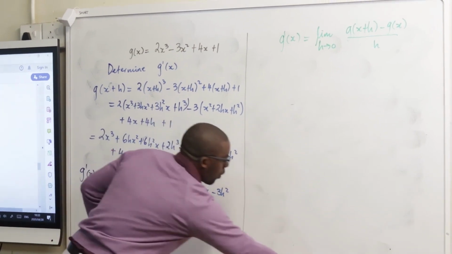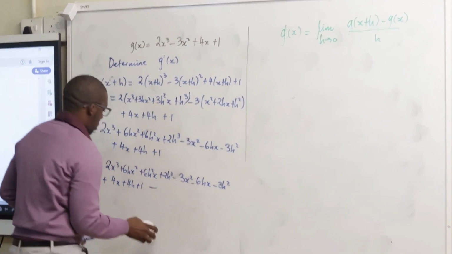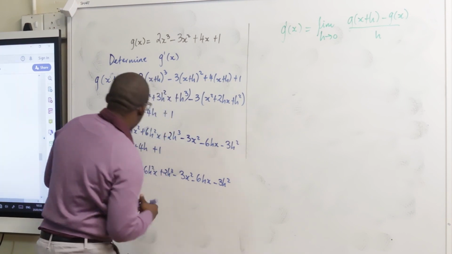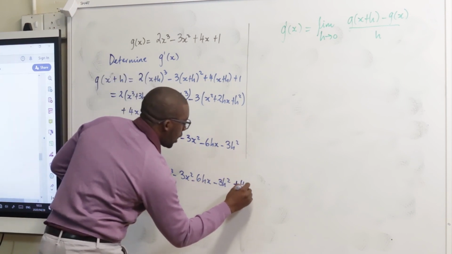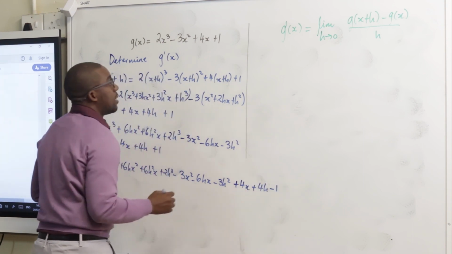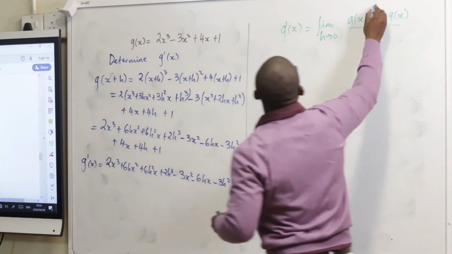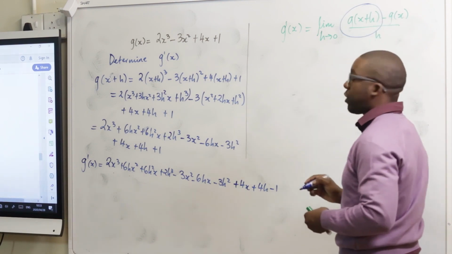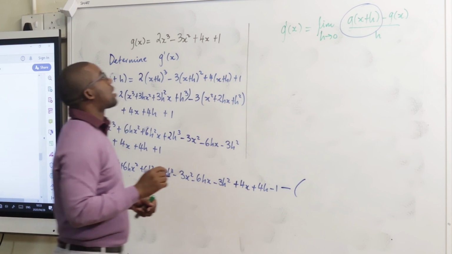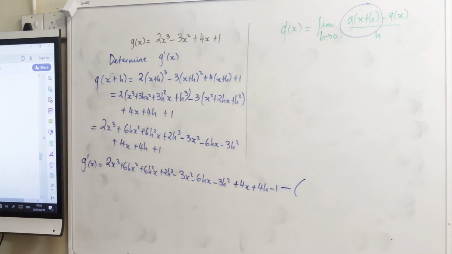Let me continue on one line. Plus 4x plus 4h plus 1. That resembles this part of the substitution. Minus, put brackets. Why are we putting brackets? So that we accurately distribute.